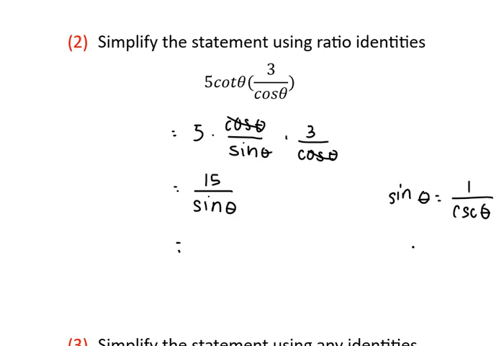So we can say that cosecant theta is also equal to 1 over sine theta. Now this is 1 over sine theta, and 1 over sine theta is cosecant theta. So our final answer is 15 cosecant theta.